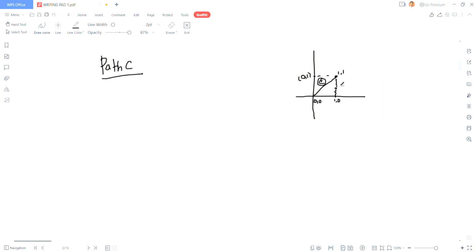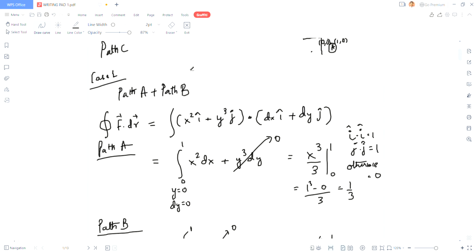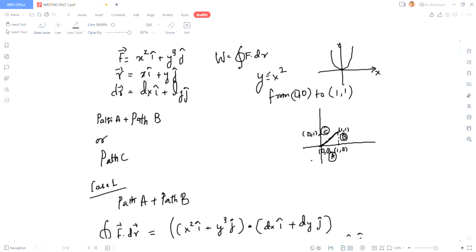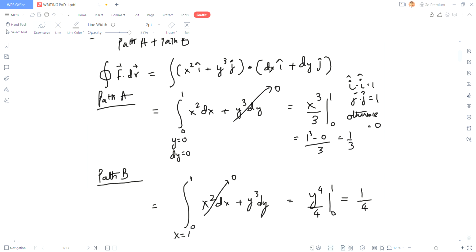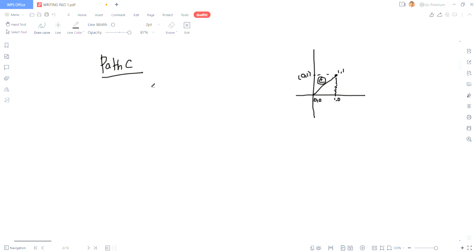When we see path C, we have already been given the curve C as y equals x square. So we can write y equals x square, or dy is equal to 2x dx.